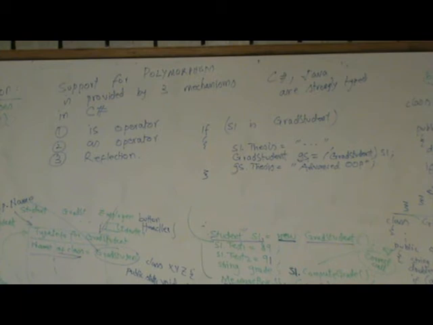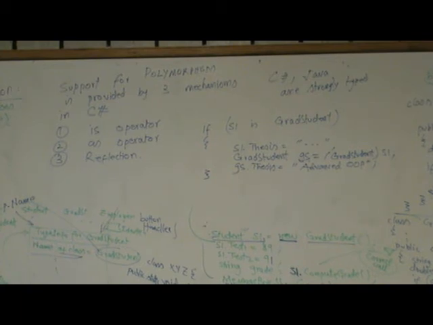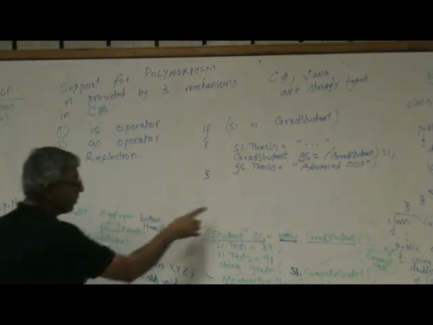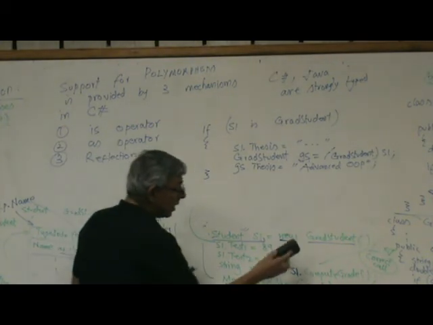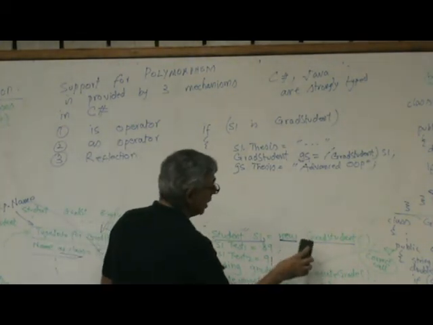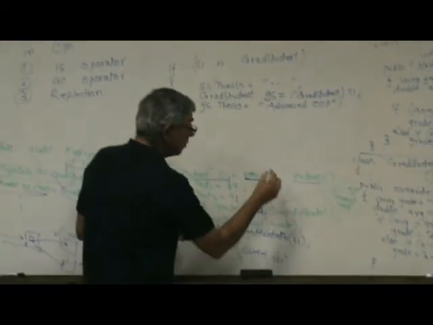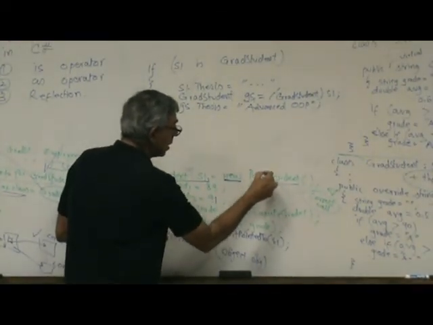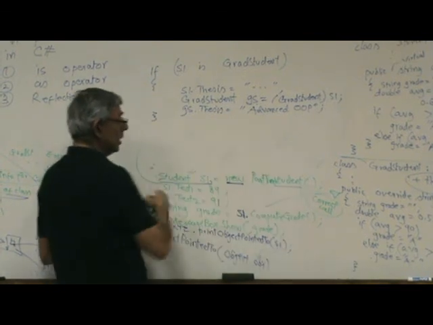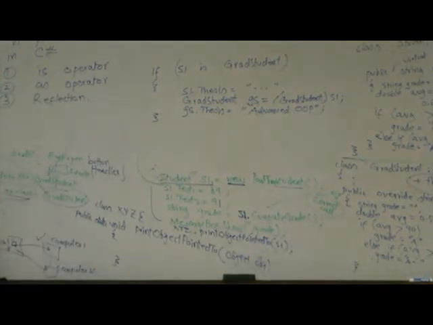But the problem would be, what if, for example, somebody before calling this code said something like new part-time student. Pretend part-time student is also derived from student.